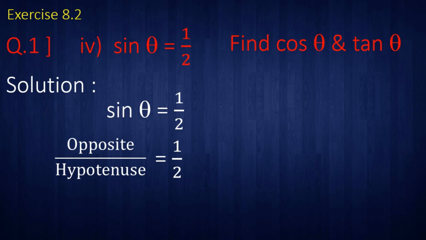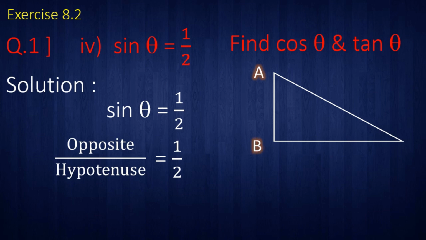The triangle name I said ABC: A, B and C. Now theta opposite will be AB. Hypotenuse opposite 90 degree is AC and the remaining side is adjacent, that is BC. Now put names. Opposite we got AB, hypotenuse we got AC. It is 1 upon 2.